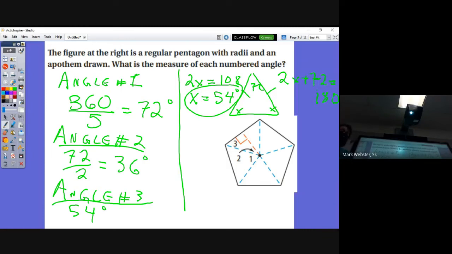All right? Pretty simple. Now, they've here been labeled specifically angle 1, angle 2, and angle 3 in that way. It doesn't matter what they label them, right? First, find the vertex angle, and then you can easily find half of that, and then find one of the base angles, right? That's what they've been asking for.